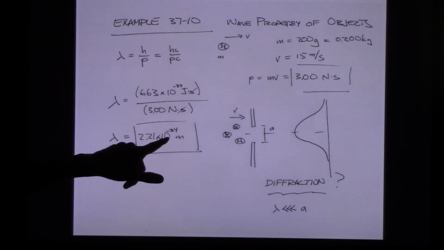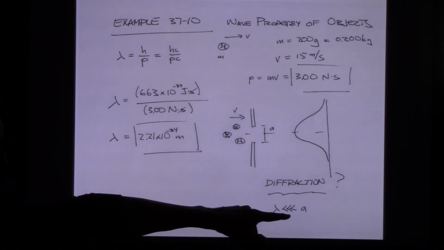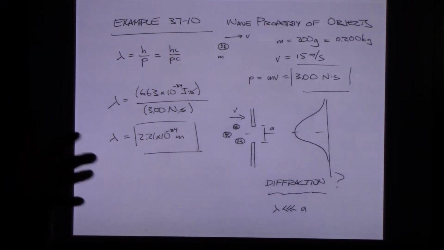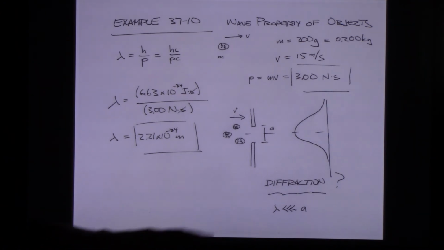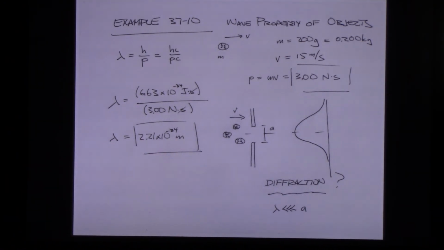The wavelength for these baseballs is 10 to the minus 34 meters. The opening's got to be big enough, I guess, so the baseball can fit through. It's just not going to be practical to set up an experiment where we look at the diffraction effects of large-scale objects, I think. As far as I know, no one's done any experiments like that.